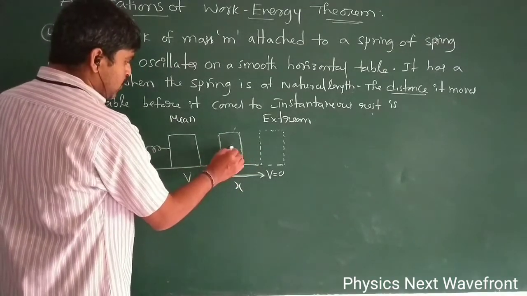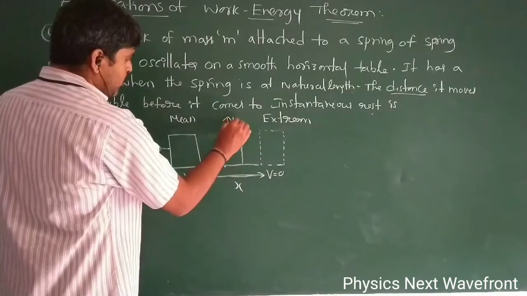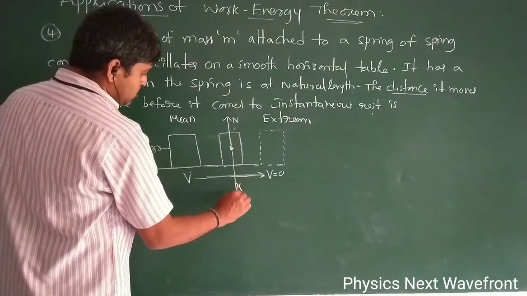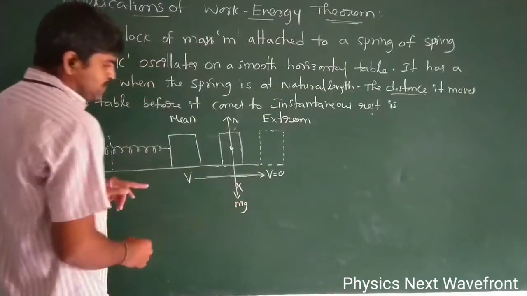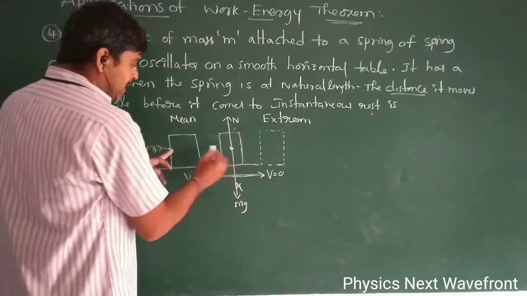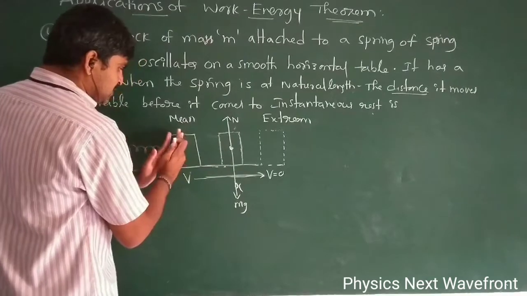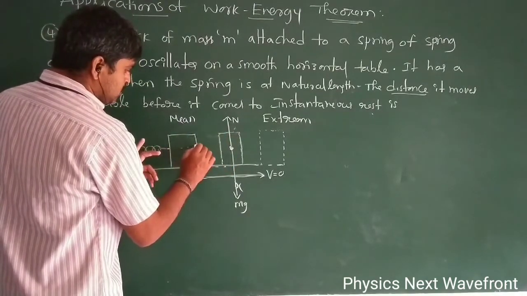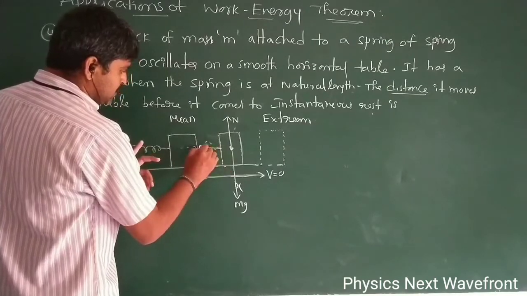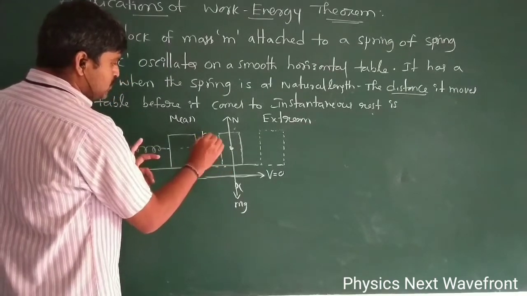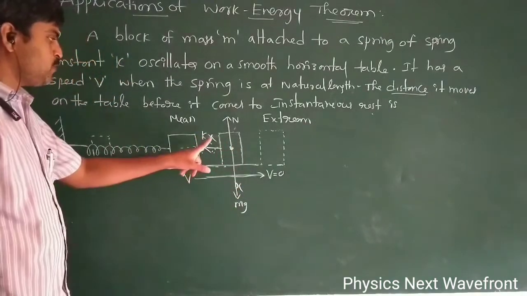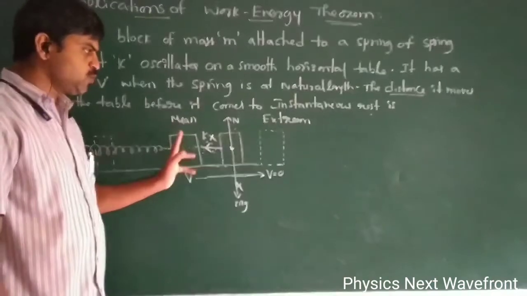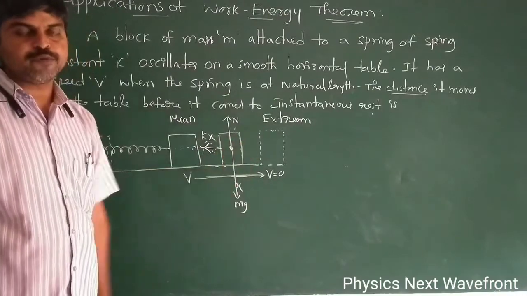There is a normal force, and the weight of the block, mg, acts downward. Since the spring is extended here, the spring force acts towards the mean position. You know this concept.